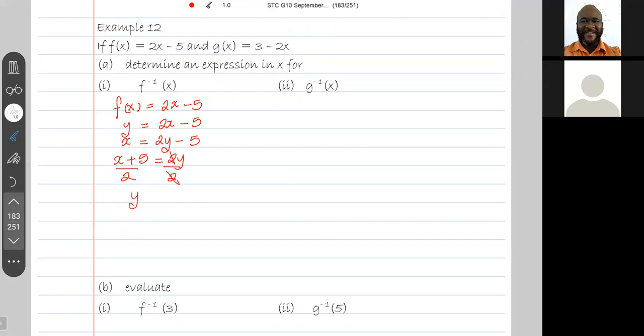And so I have y is equal to x plus 5 divide by 2. So the last step, step 4, is to take out y and say f inverse of x is equal to x plus 5 over 2. Guys, very quickly, please find the inverse of g.